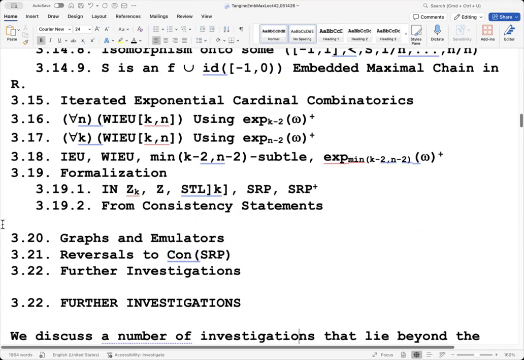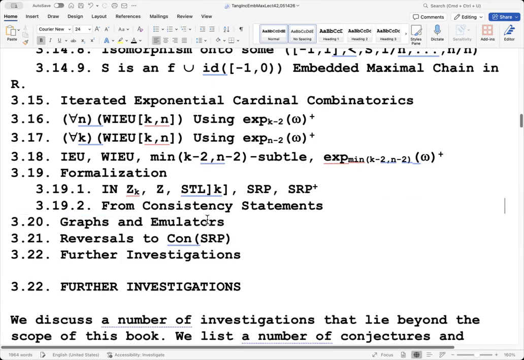Okay, and then I think I talked about this last time. You can do this with graphs and emulators. This is the one I use for gifted high school for a very basic case. And graphs, simple graphs, we talked about that. The cliques through graphs are the same as chains through relations.